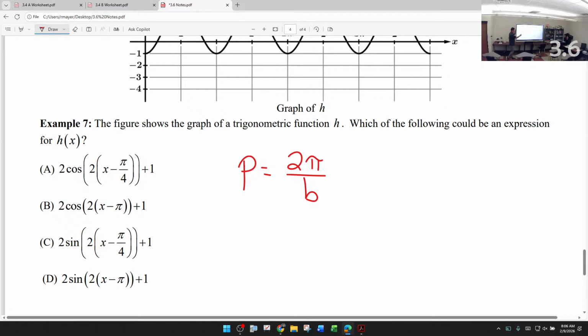So if b is 2, then the period is pi. So by the time I get through done with this, I better be at pi, and every one of these is that. So that doesn't change anything. Positive 1, positive 1, positive 1, positive 1. So they're all positive 1, so this whole thing shifted up 1. So really all I got to do is figure out how far left or right this thing's moved. This has moved right, this has moved right, this has moved right, and this has moved right. So I just got to figure out how far right we are.